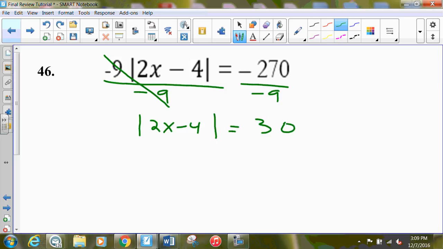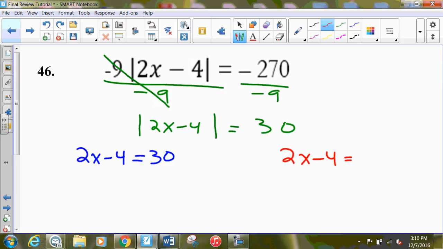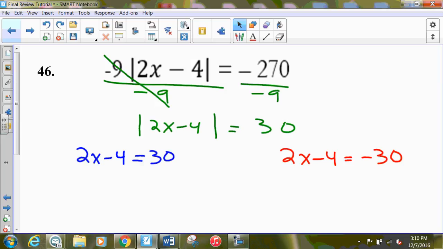30. Then we say to ourselves, okay, whatever the value is inside the absolute value, we know that it lies 30 away from 0. So that means that either the stuff inside the absolute value is equal to 30, or the stuff inside the absolute value is equal to negative 30, because both 30 and negative 30 are 30 away from 0.